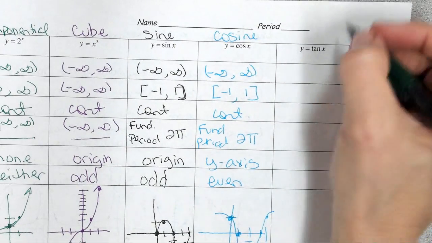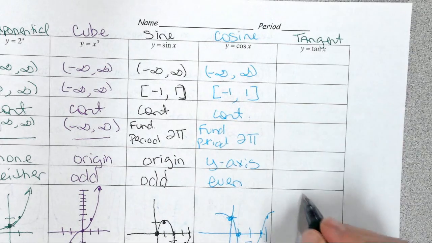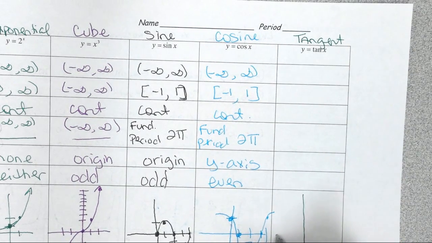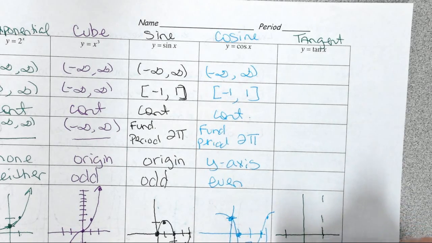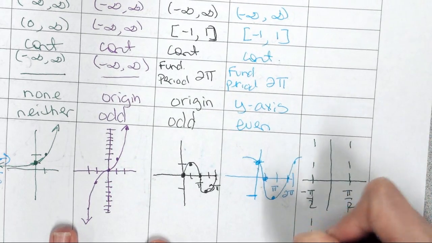And the very last one is our tangent graph. Tangent had asymptotes at pi over 2 and at negative pi over 2.